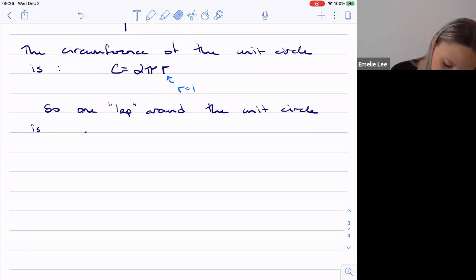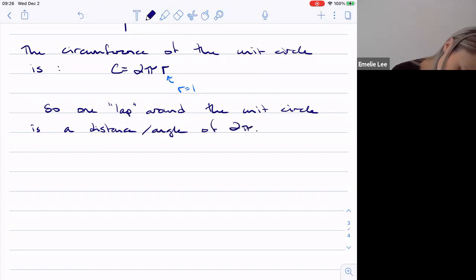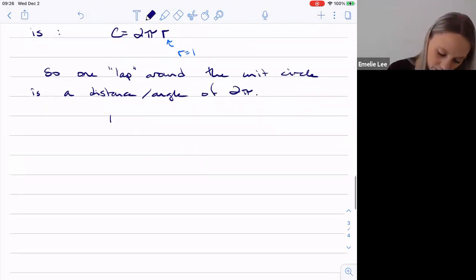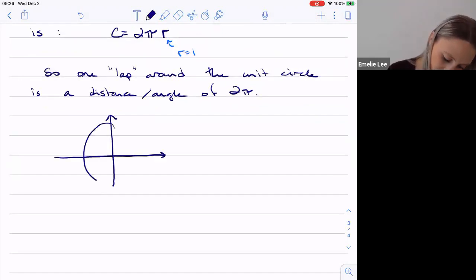That's what I'll say here: a distance / angle of 2 pi.